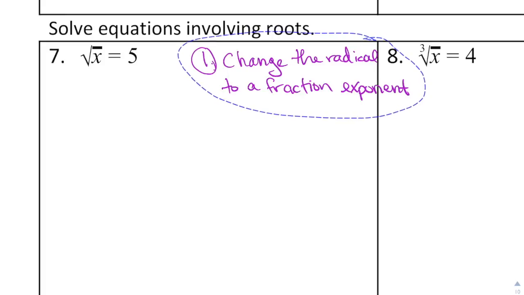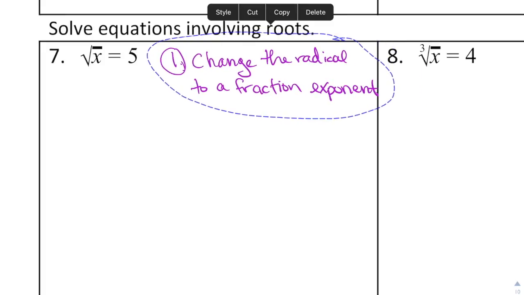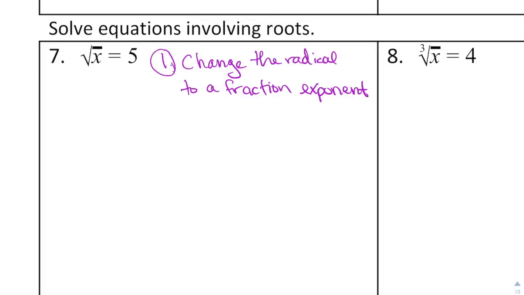Then you can move it around and shrink it. So change the radical to a fraction exponent. You could pause this for a second and write that down. That's the first thing we're going to do.